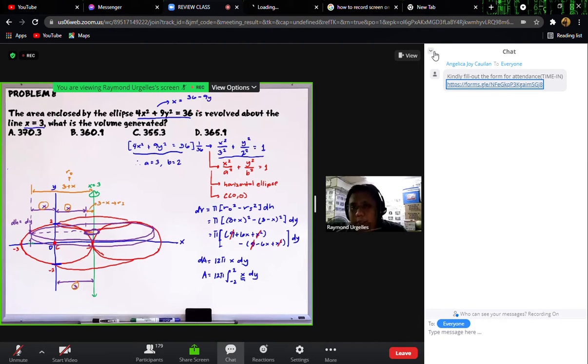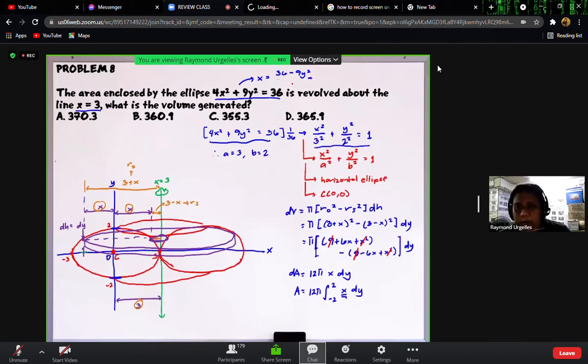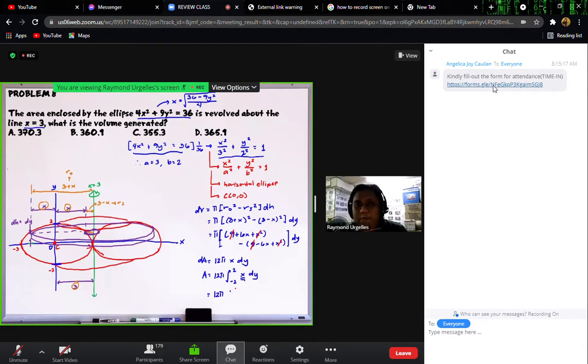Okay? So, again, this is 36 minus 9y squared, no? So, then this is divided by 4. Okay? Makabasa din square root. Diba? Okay? So, therefore, this will be 12 pi.